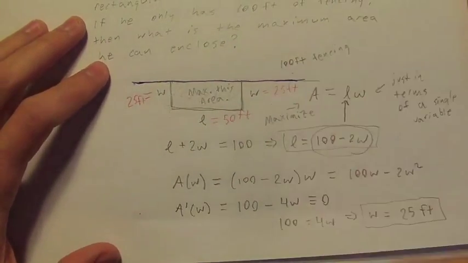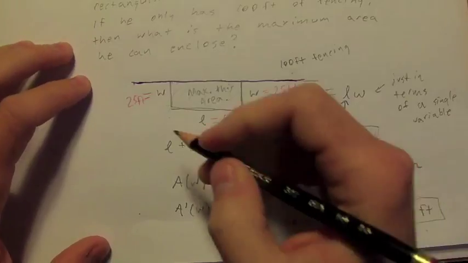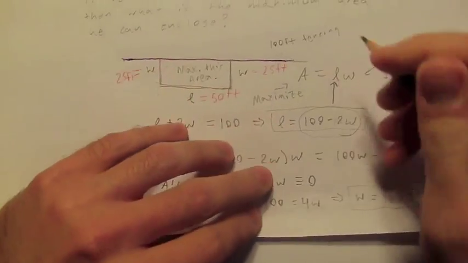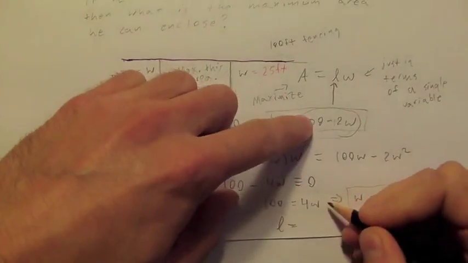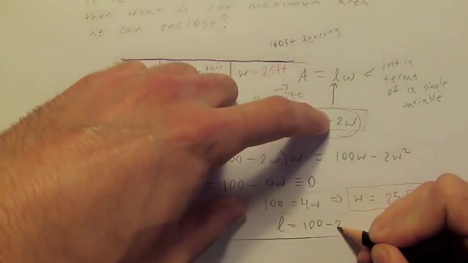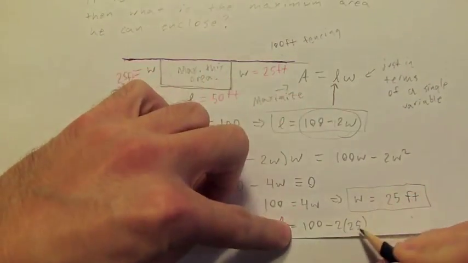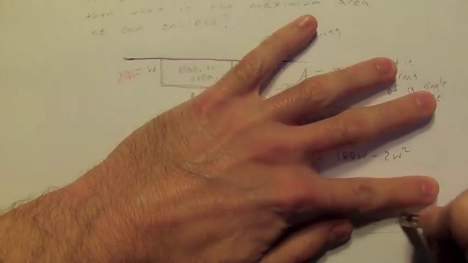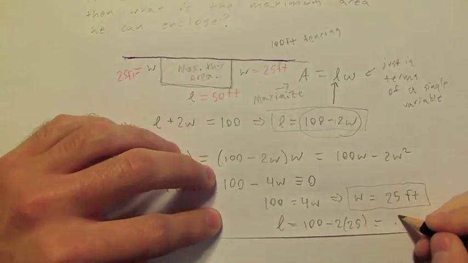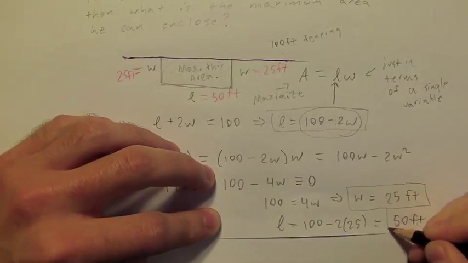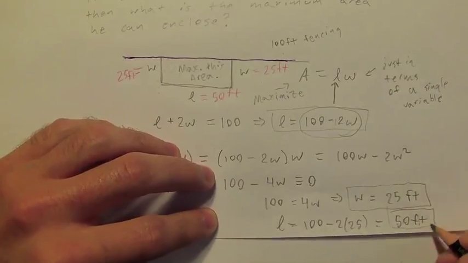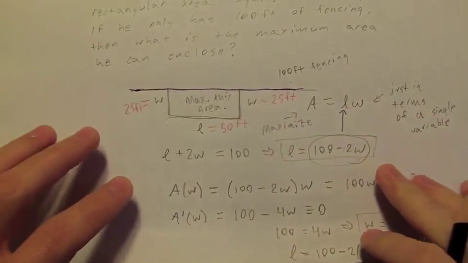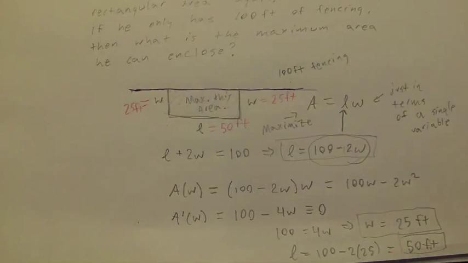Or you can actually plug this W back into L here. So L, let's do that underneath. If W is 25, L is, going back to here, 100 minus 2 times 25. So that will be 100 minus 50, which is 100 feet. Or sorry. That will be 50 feet. Okay, so that's L. So you can either find that just, obviously, L is 50 feet, or you can just plug it back in.